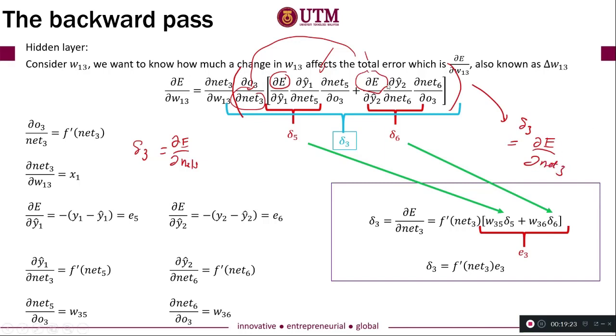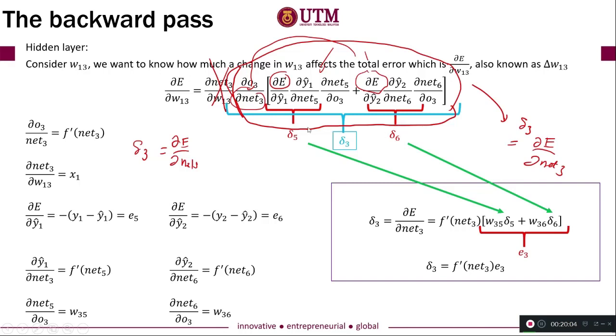So from this component here, just avoid this component first. You will see that inside here we have the things that we defined before, because this is del E over del net 5, and this is del E over del net 6. So this one will become delta 5, and this one is considered as delta 6.